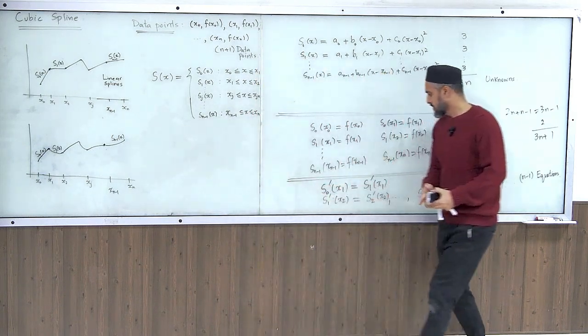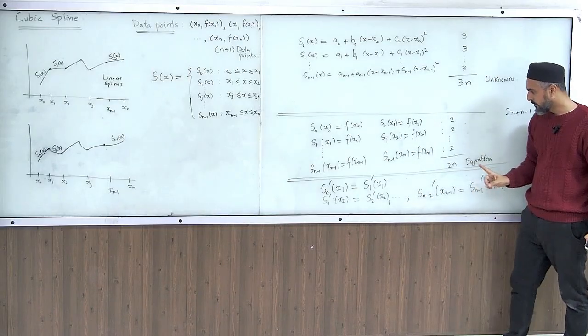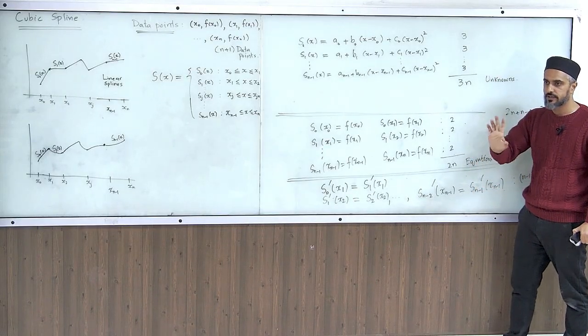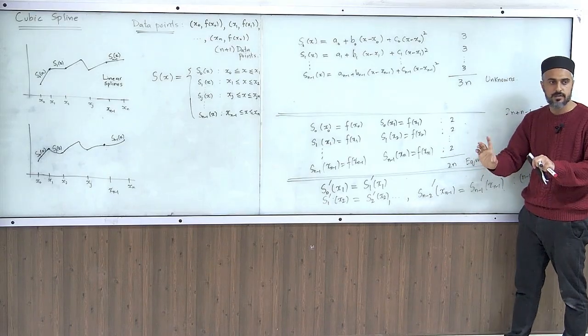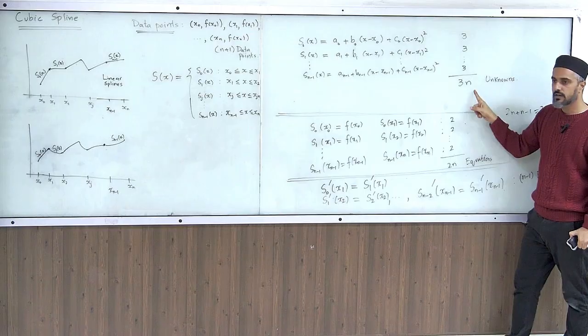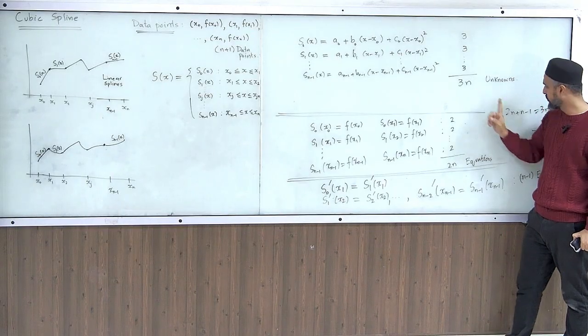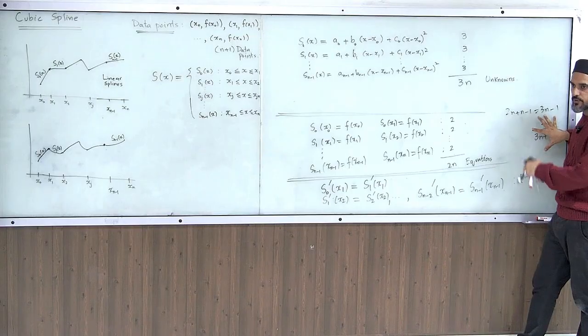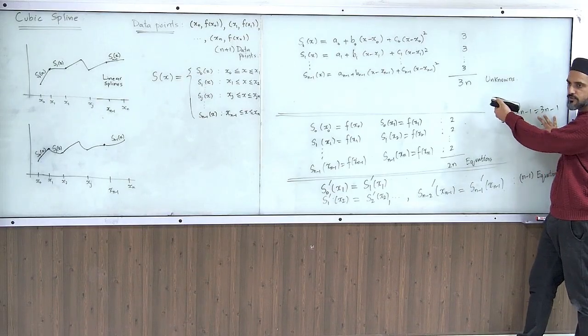Why would it not be a wise choice? We can use them, but because we get 3n unknowns and 3n minus 1 equations, the equations are fewer than the total unknowns.